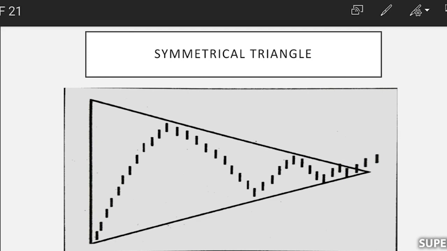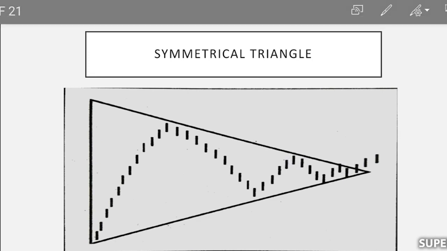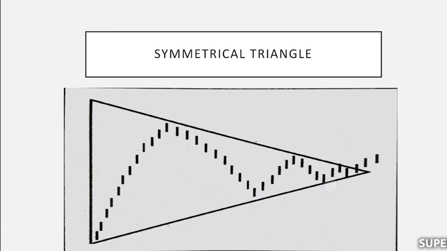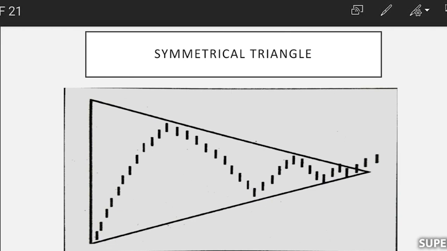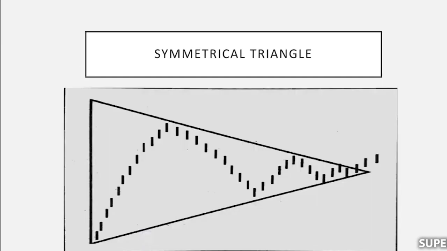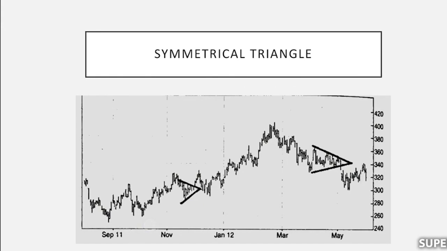This is the first height, then the coming heights are lesser than that, and the bottoms are higher than the previous bottoms. Here it is. The bottoms are higher than the previous bottoms. And here you can see symmetrical triangles.